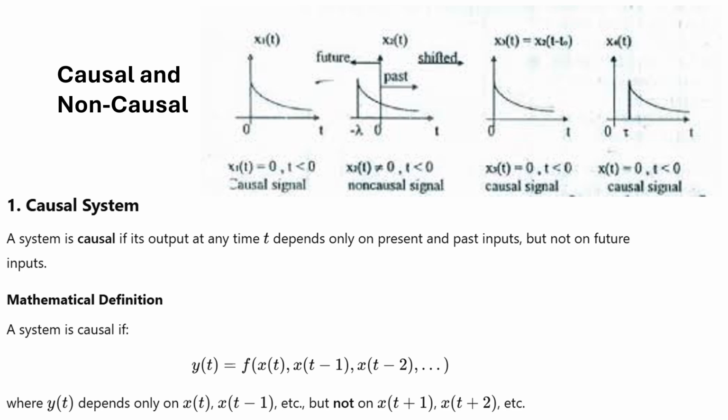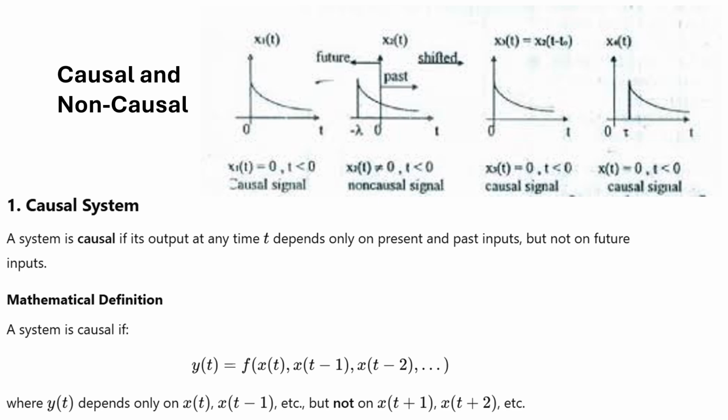However, if your system has some future inputs, that will be called non-causal. Graphically, if your graph has values on the left side of the y-axis, where x is equal to 0, then that will be the future, and that system will be called non-causal.